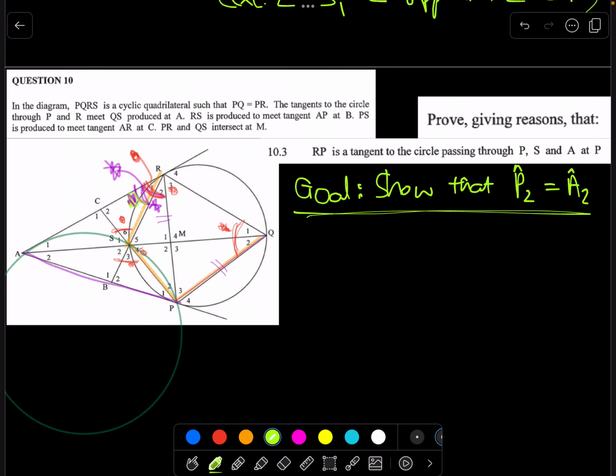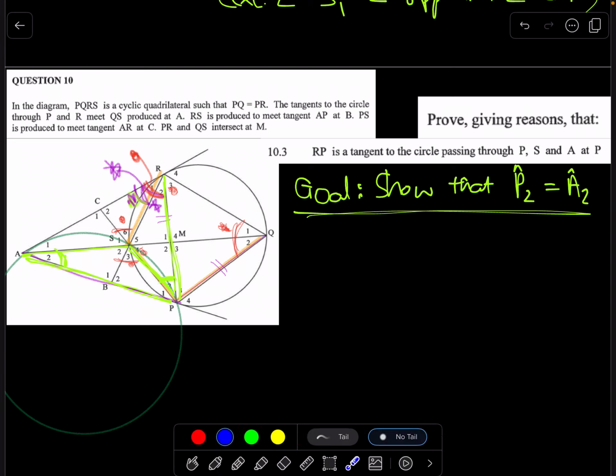Right, so show that angle P2, which is the angle formed by this chord and the alleged tangent, is equal to angle A2, which is the angle that is subtended by that chord to the circumference of the new circle in the alternate segment. Okay, right, so that is what we want to do.